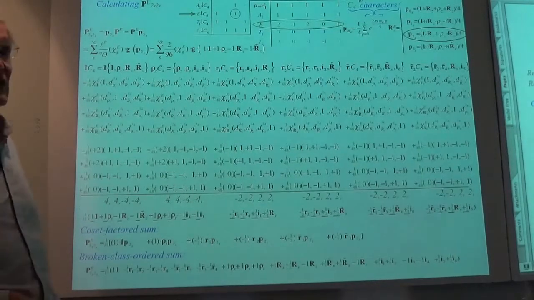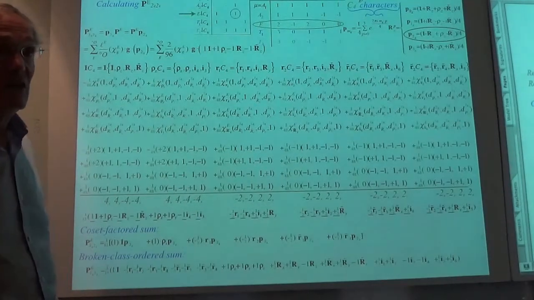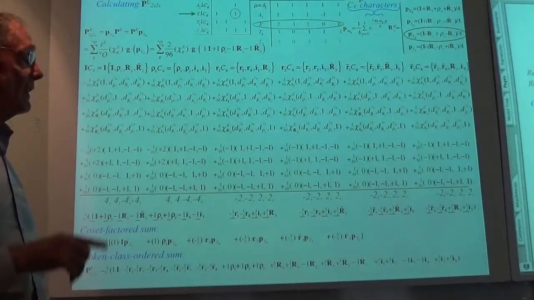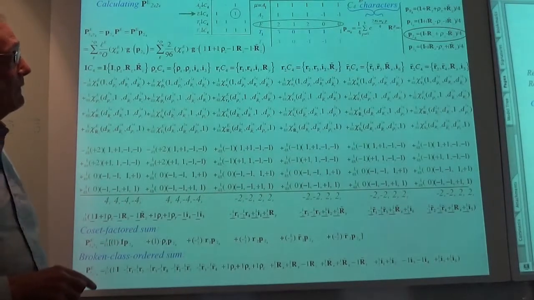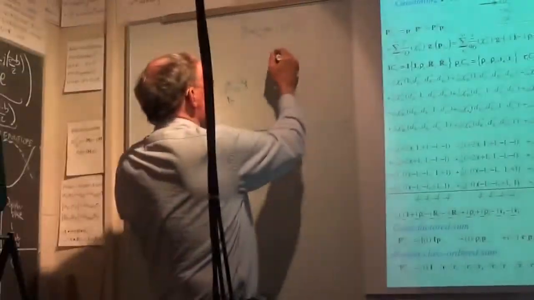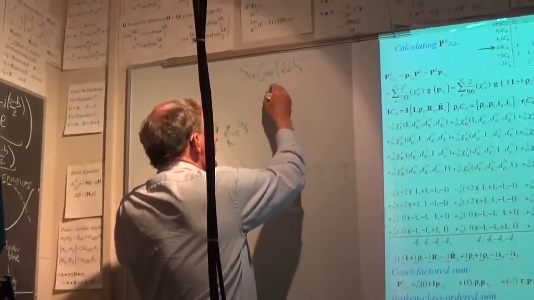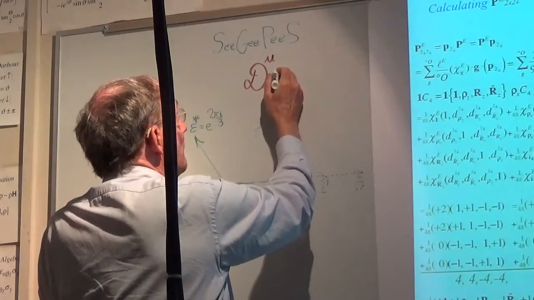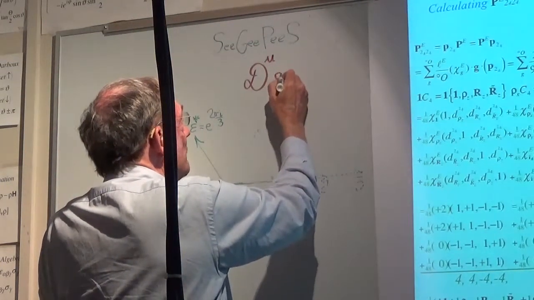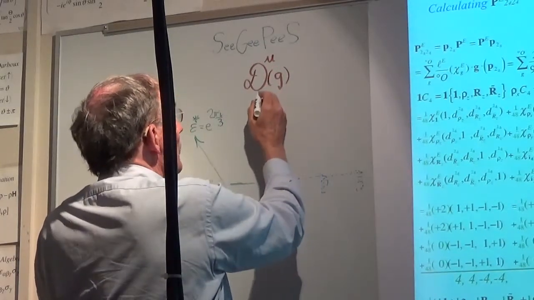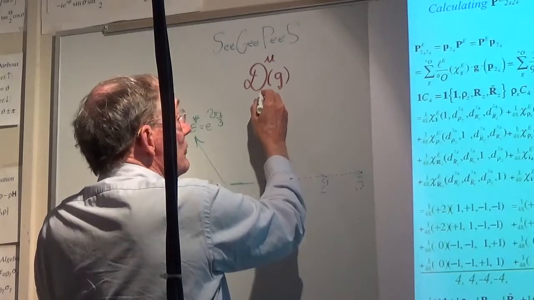Question. Yes. How does each of these projectors transform under group operations? Okay, that's something we've discussed before. It's really very simple. Probably the best thing to write down about that is that these D matrices determine the transformation of a group element, and we're talking about some coefficients of this thing.